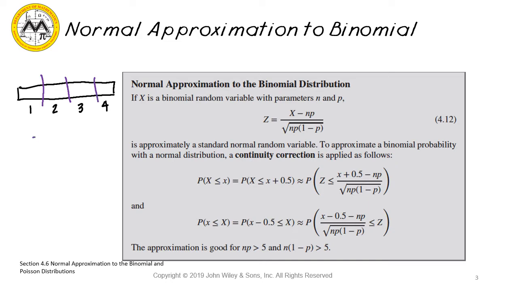When you say X is greater than 1, it would be X greater than or equal to 1.5. But if you say X is greater than or equal to 1, it would be X greater than or equal to 0.5. So the cutoff would be plus or minus 0.5, and it is up to us to include or not include the given number.